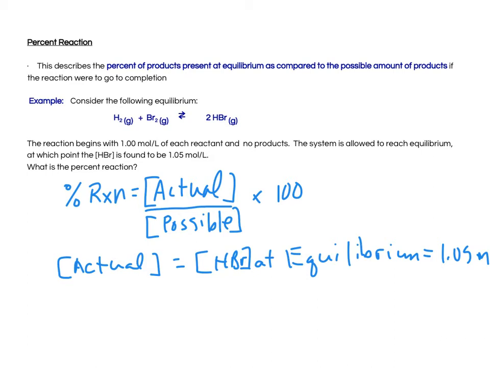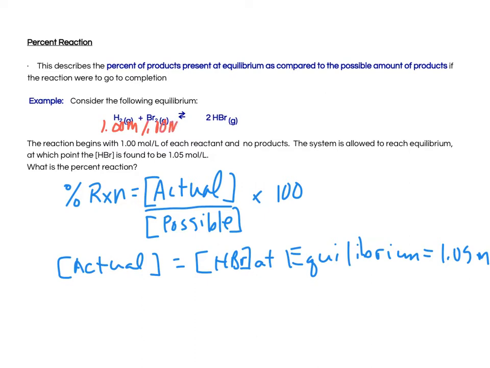So let's take a look at how we would calculate the possible amount of HBr produced. When I look at this reaction, I know that I'm starting with 1.00 moles per liter of both of my reactants here.